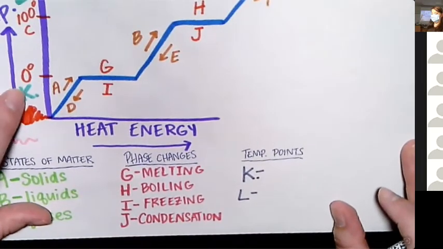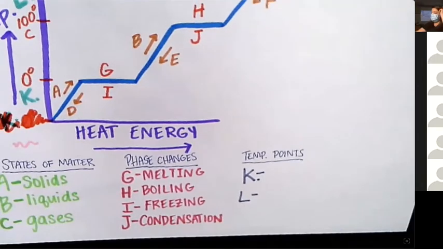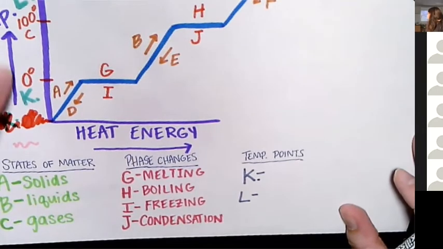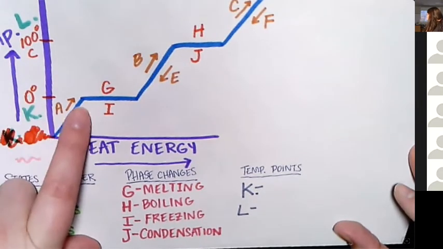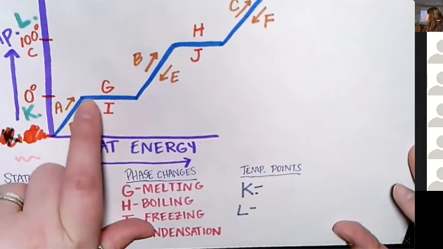Here's K. And remember, this is the one we fixed. So make sure that you have that one fixed on your paper. Okay. So here's K and here's L. So this guy is right across from this line right here.